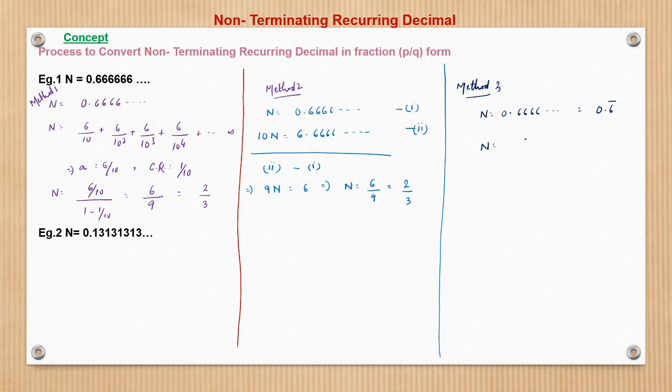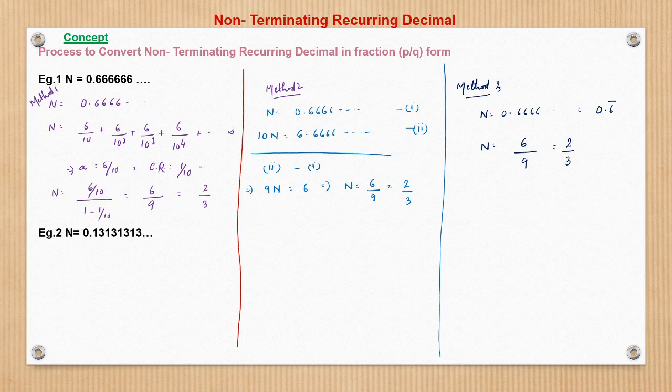What we do is write the digit 6, and in the denominator the number of 9s should be the same as the number of digits under the bar. Here we have only one digit under the bar, which is 6, so it will be 6 upon one 9, which is 2 by 3, right? So this is a very standard approach.